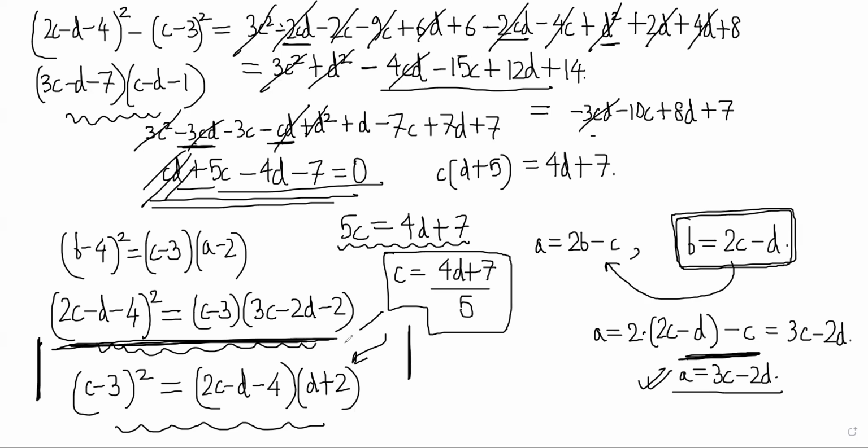Once you put it back in this equation and solve for D, what you end up getting for D is 62. Try it out. You will get 62. Till here, this is correct.